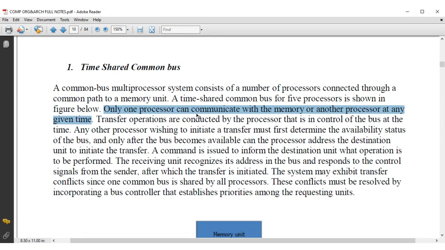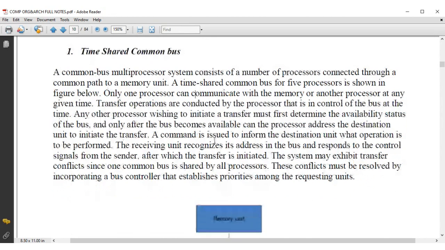Serial communication basically means that different processors cannot communicate together at the same time, or communicate with the memory unit at the same time. If one processor wants to communicate with the memory unit, it has to do so, and the other has to wait. So that is called serial communication, one by one. There is no parallel communication. Also, there is no back and forth communication.